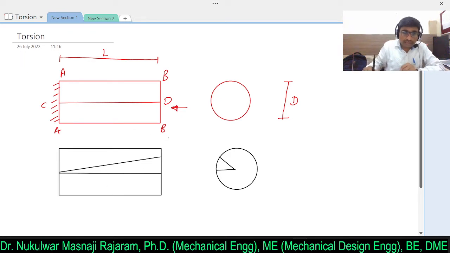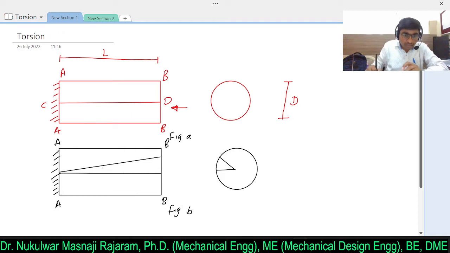Let's say this is figure A. After applying the torque, since the end is fixed, it will apply the opposite torque to what we applied over here. The same planes will be there, AA and BB.